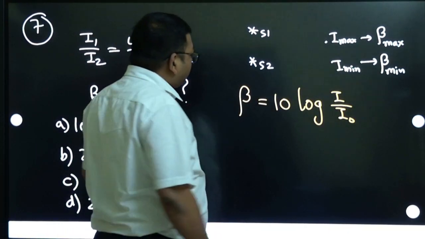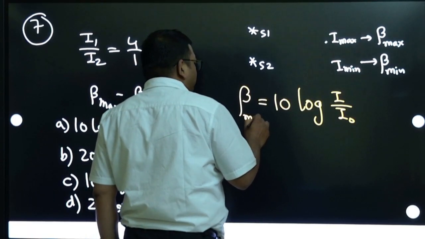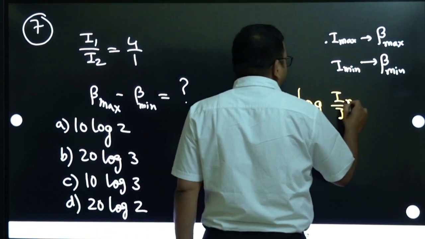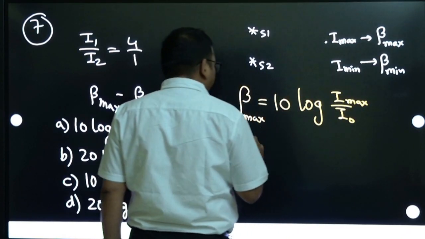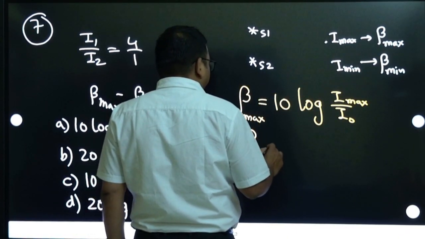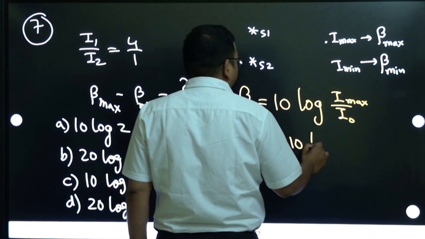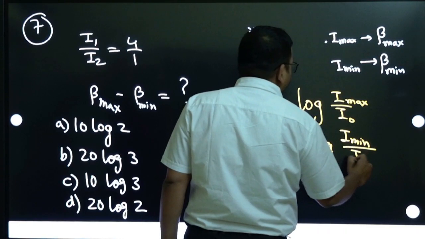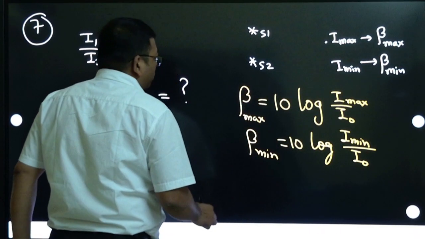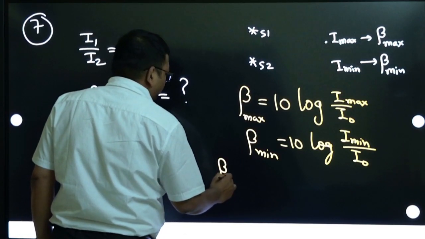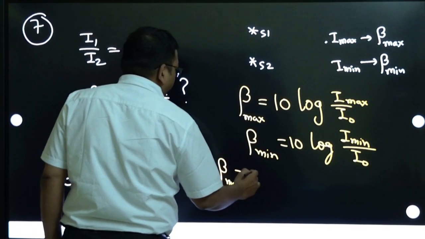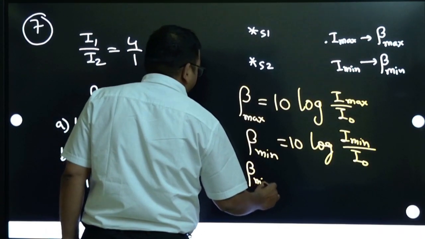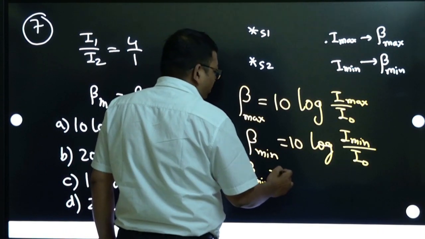Now when you have to write beta max, this intensity is also intensity max. Similarly, when you write beta minimum, this will become log I minimum by I naught. Now you need to do subtraction of this. So beta max minus beta minimum. 10 you can take common.